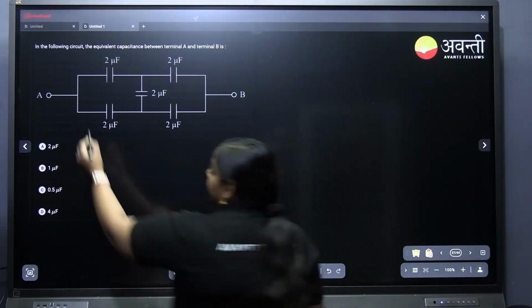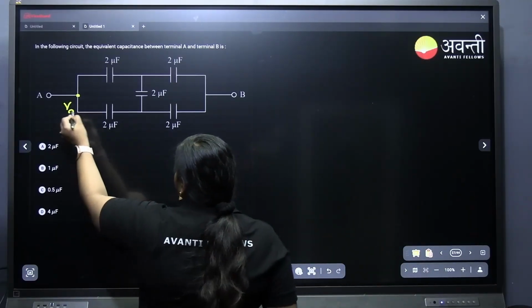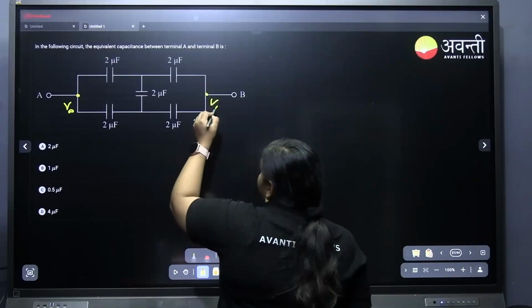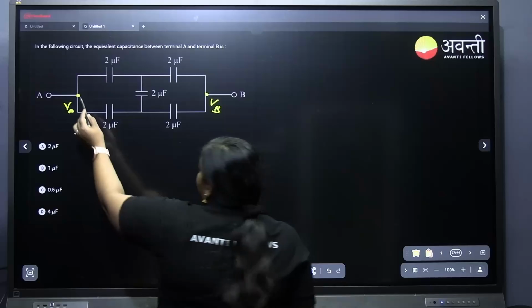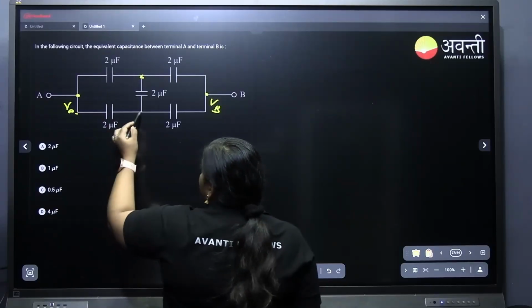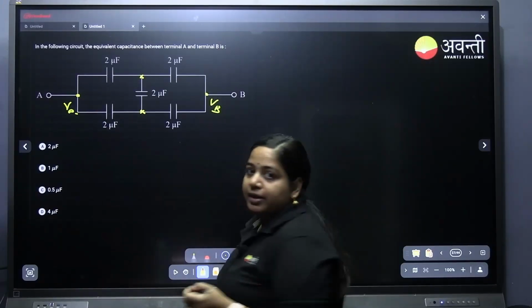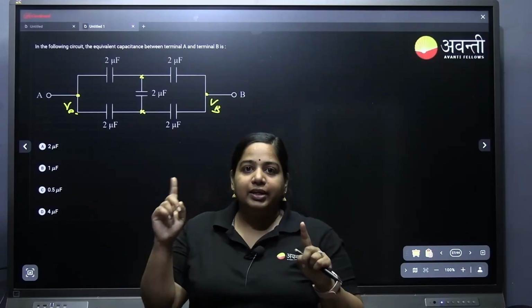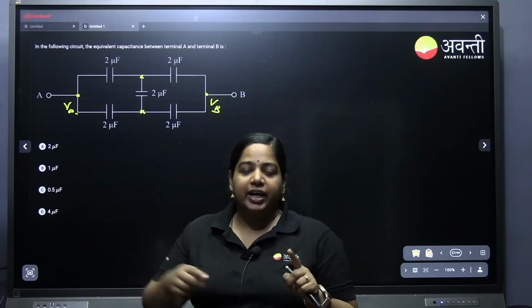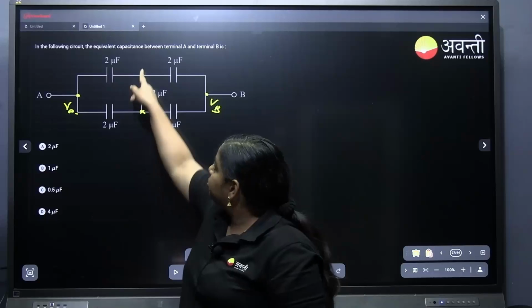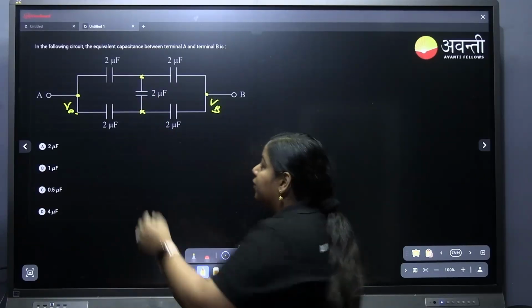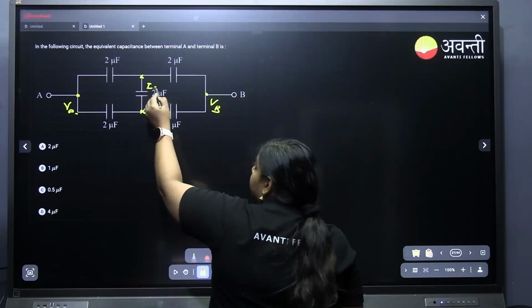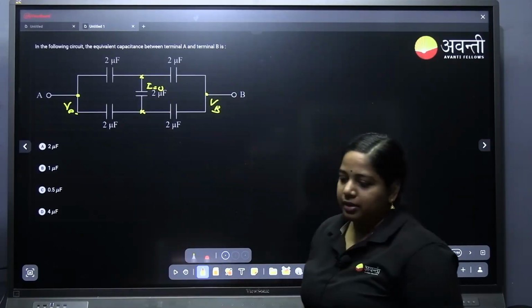Because see, here potential, let's say it's VA, here it is VB. Okay. Same amount of potential will be lost in these two cases. Like 2 mu f will take same V, right, across it. So at these 2 points, potential difference is same. So there will be no current passing through this branch.